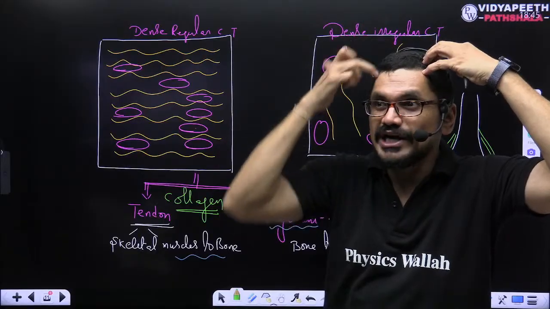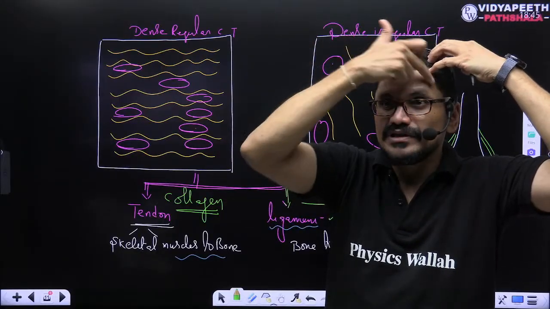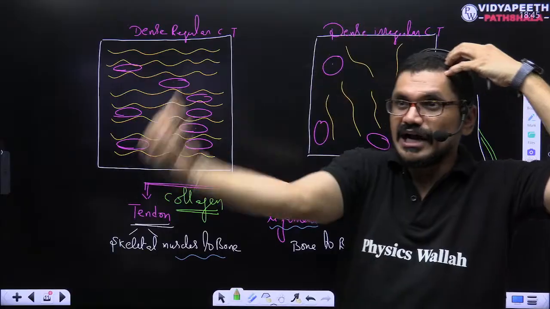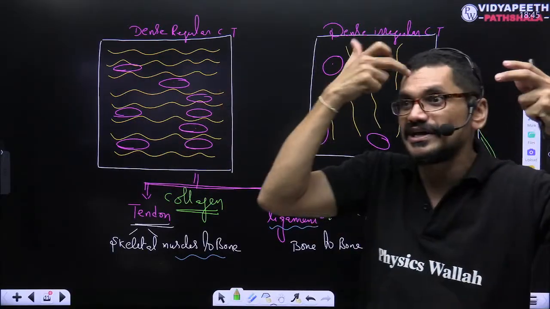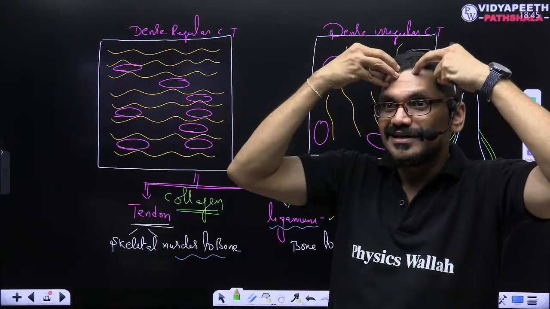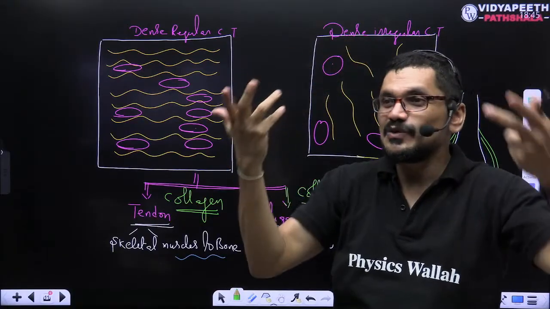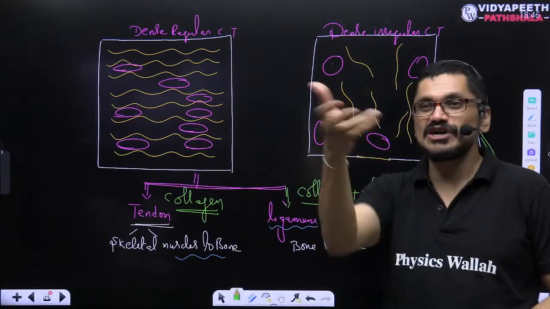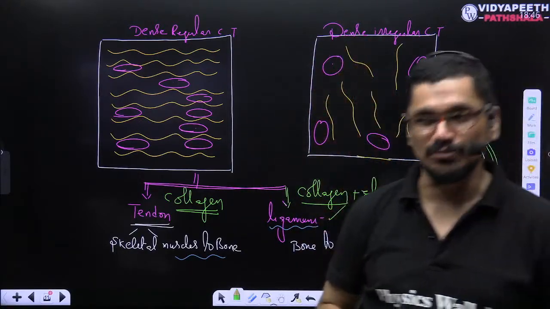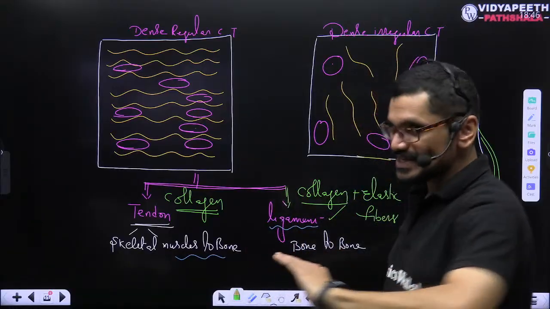Here there is a joint. Here also there is a joint. See here, now we are able to show the bending here but not here. Why? That is the nature of the fibers. The nature of the fibers will make the joint move. Anyhow, we will discuss it at the time of joints.